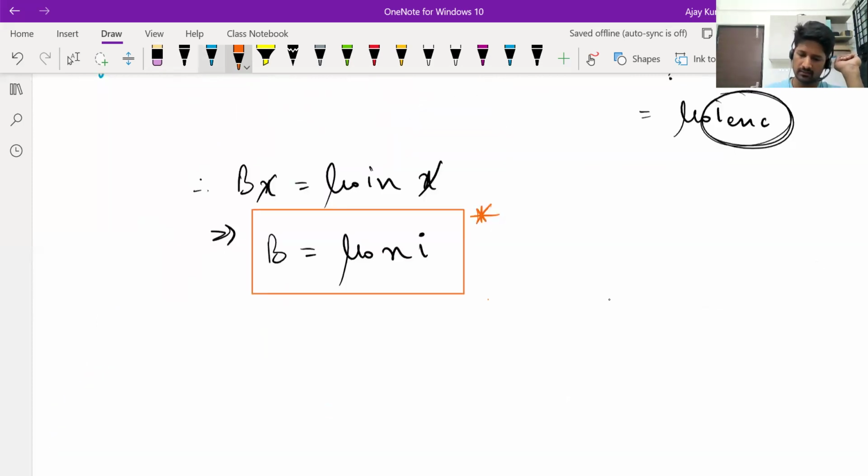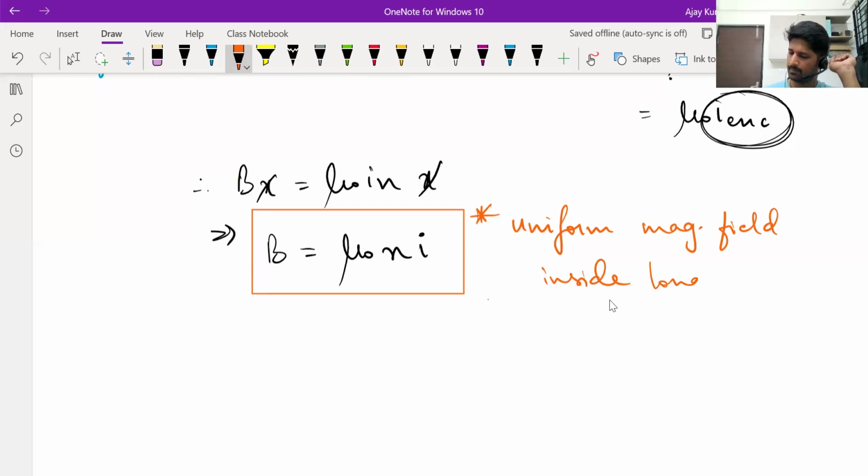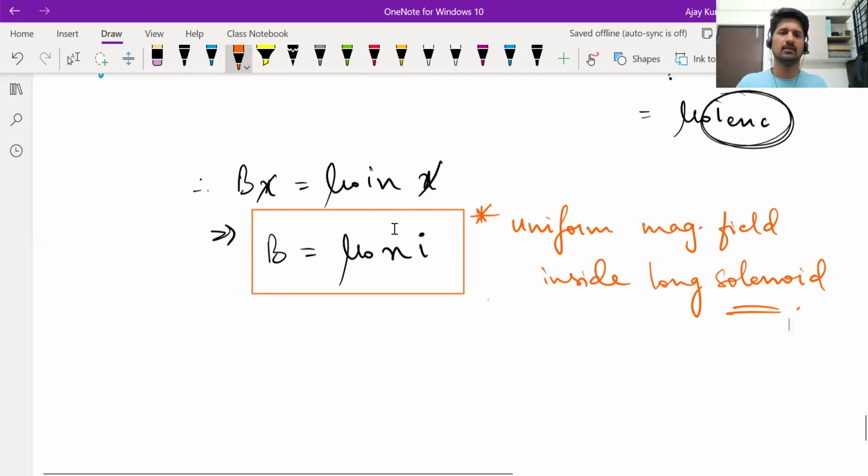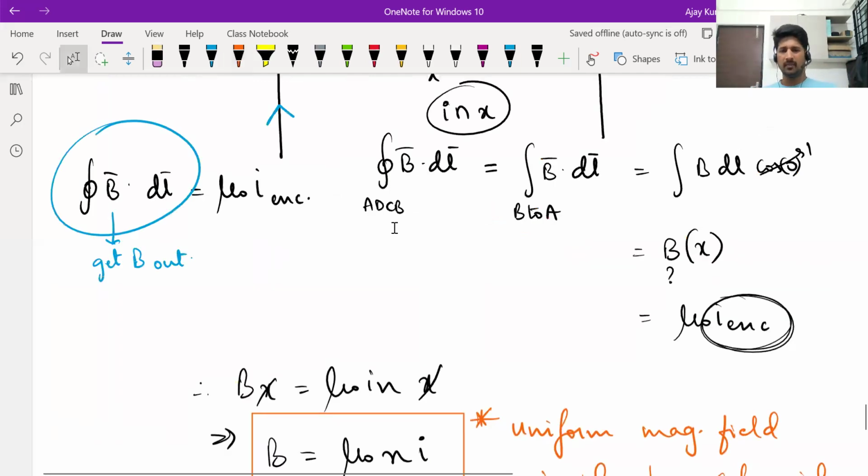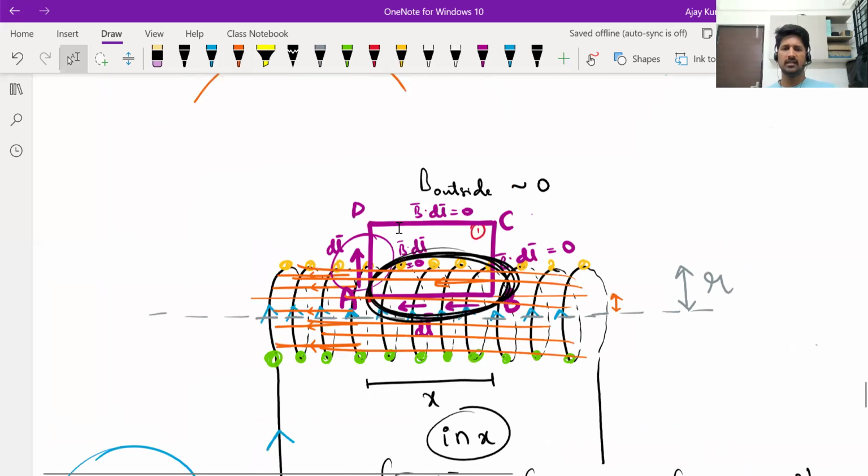So you get a uniform magnetic field inside the long solenoid. And how much is it? Mu naught nI. So this is how you derive magnetic field in a long solenoid using Ampere's law.